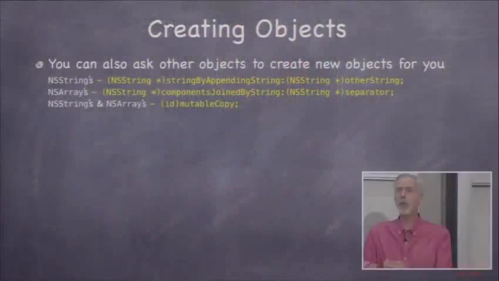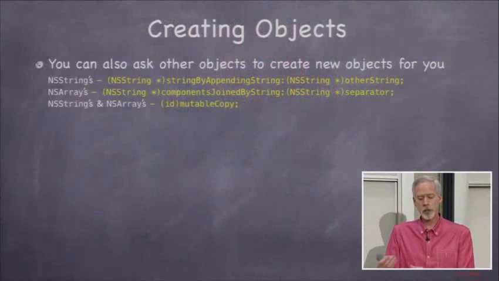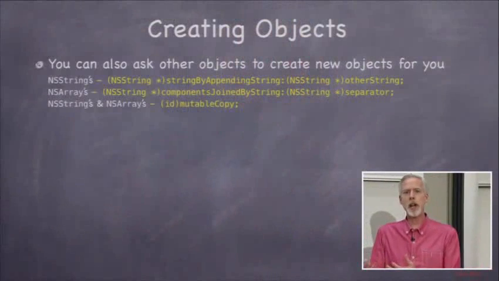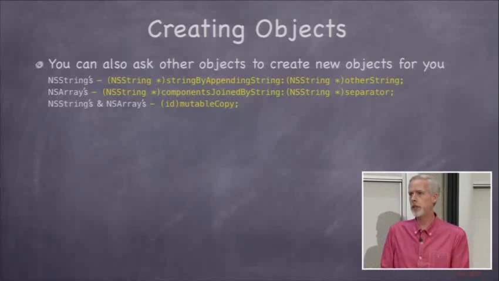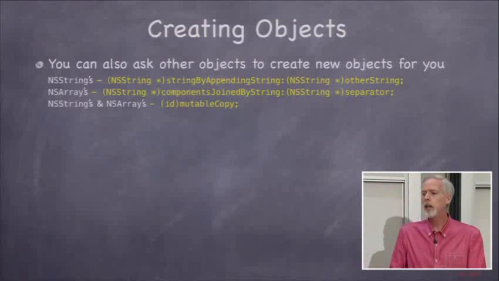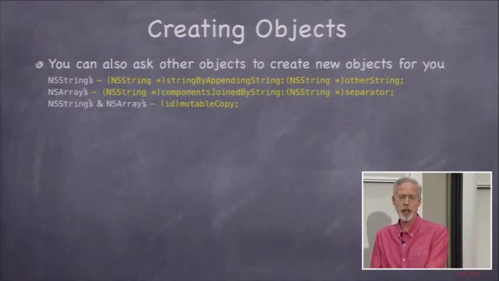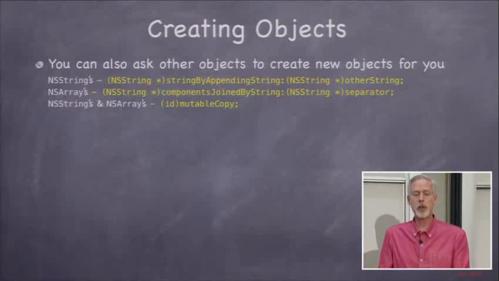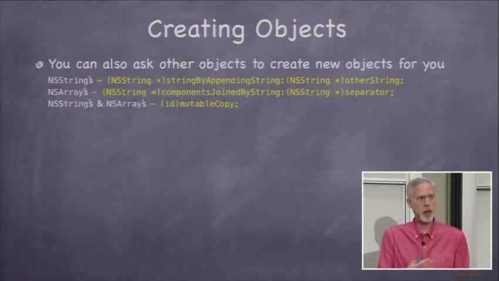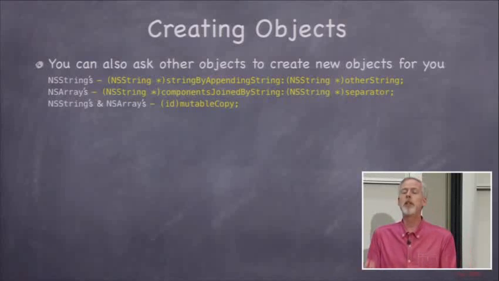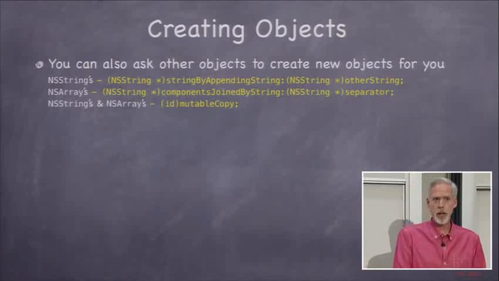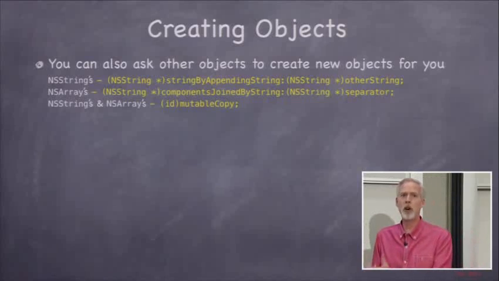But there are other ways to create objects. You can create objects by asking another object to create an object for you. That's like stringByAppendingString. That's not a class method in string. That's an instance method. You send it to another string, you give it a second string, and it will create a new string for you. Since NSString is immutable, it creates a new string that is the string you sent it to with the one you passed as an argument added on.